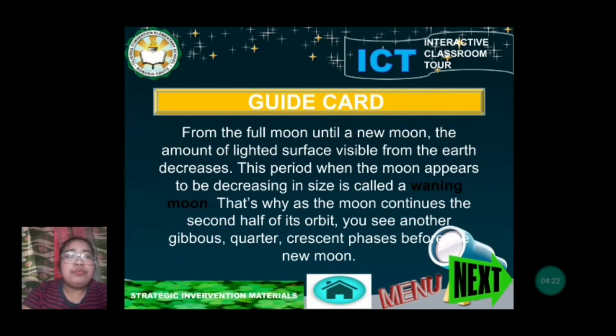From the full moon until a new moon, the amount of lighted surface visible from the Earth decreases. In this period, when the moon appears to become decreasing in size, it is called a waning moon. As the moon continues the second half of its orbit, you can see another gibbous, quarter, crescent phases before the new moon.